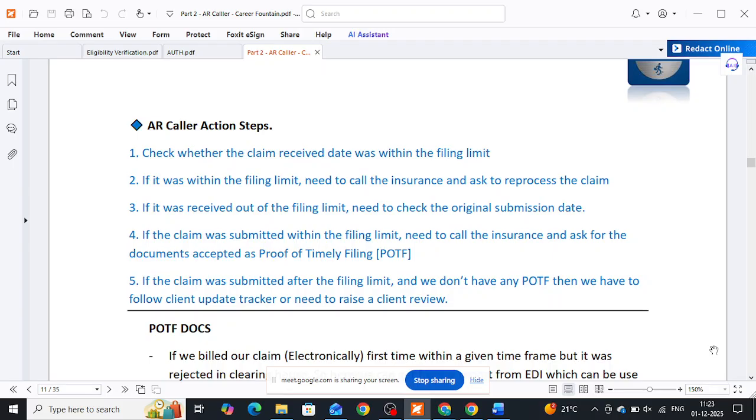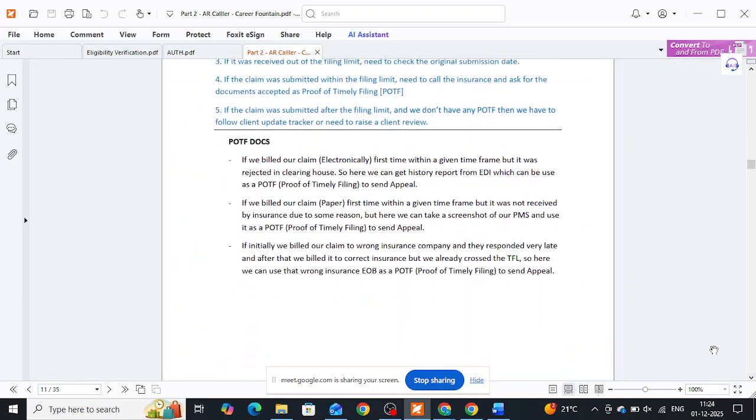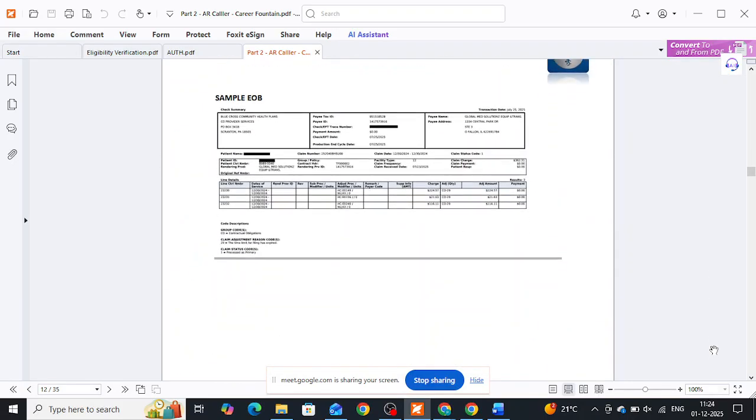If the denial is correct, but we have the POTF, proof of timely filing limit, then we should do appeal. If the appeal has been upheld, then we should follow our client update tracker. If the claim is correctly denied and we don't have POTF, then also we should update our client update tracker. Like this, in 2-3 lines, you can explain your answer.